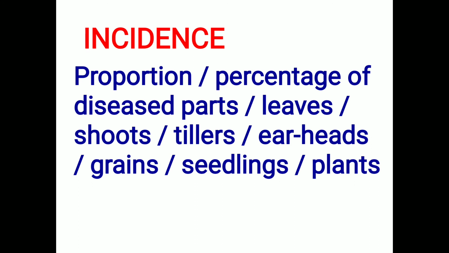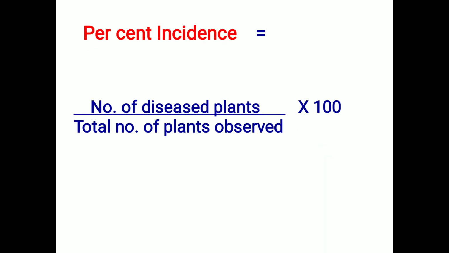Incidence is the proportion or percentage of diseased parts, such as leaves, shoots, tillers, ear heads, grains, seedlings or plants. For percent disease incidence, we count the total number of diseased plants and the total number of plants observed, divide, and multiply by 100.